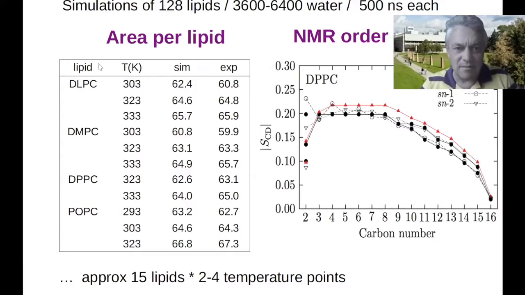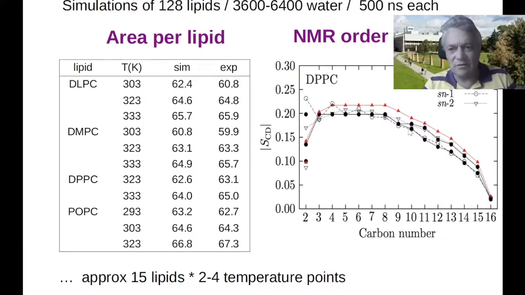Here is some example of such comparison. For area per lipid, we did computation for a number of lipids for which we found experimental data, and we checked the temperature dependence, so we did simulation in some range of temperatures for which we have experimental data. We also compared with NMR order parameters.